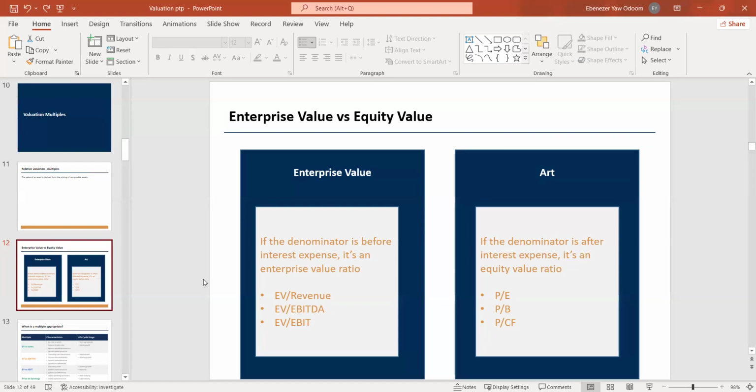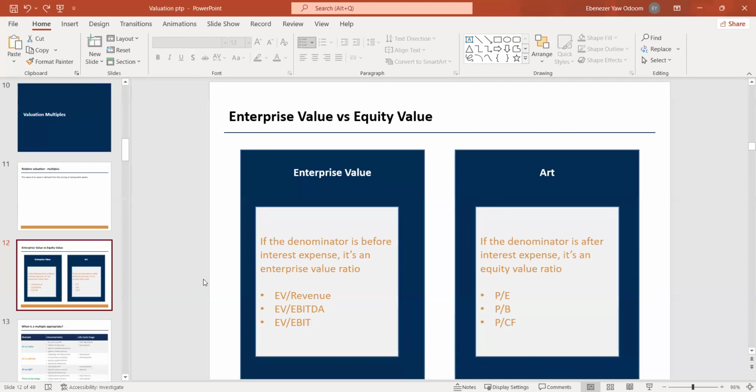For instance, price per earnings, price per book, price per cash flow. Earnings is actually after the interest expense. By earnings, we mean earnings per share or profit after tax. Book value is the shareholders' equity or owner's equity in the balance sheet, right? So if the divisor is like that, then you can say that's an equity value multiple.